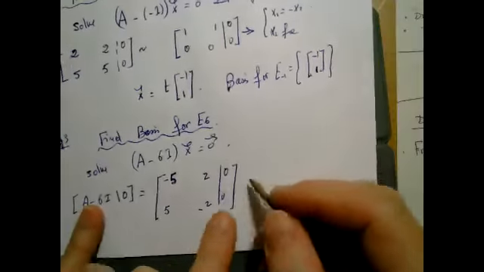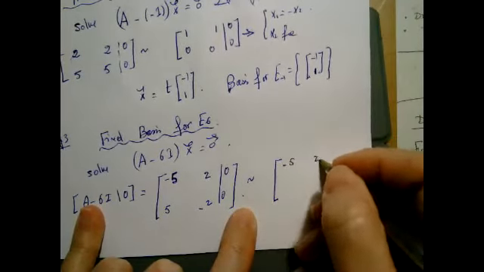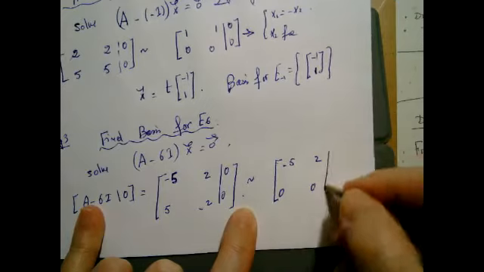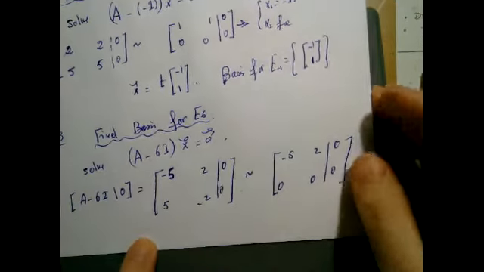Again, I have this matrix, I have to reduce it. And of course, it's a very simple one. Minus 5, 2. I'm adding the 2 row, 0, 0. Okay, now I solve.